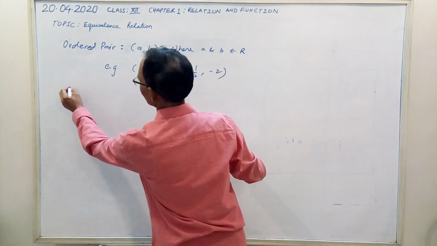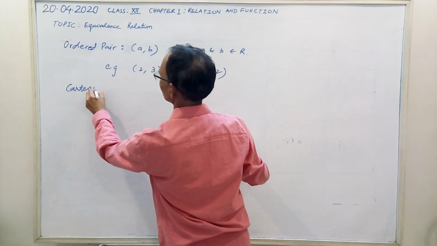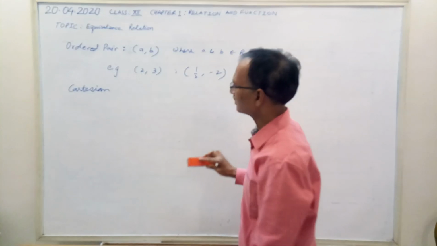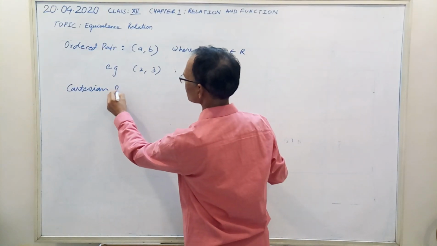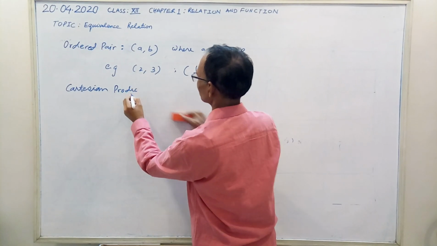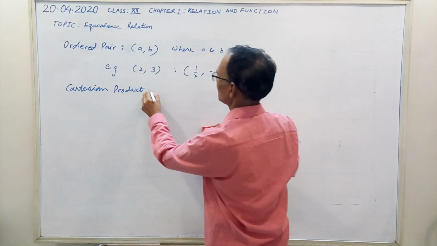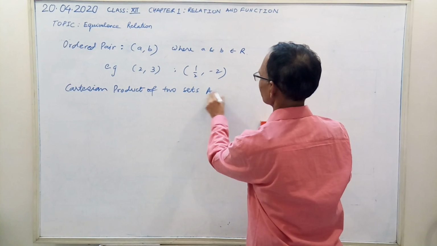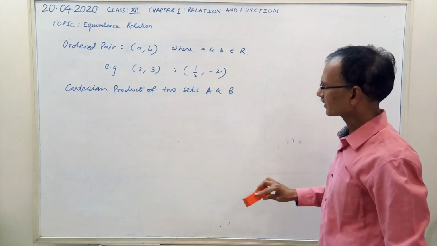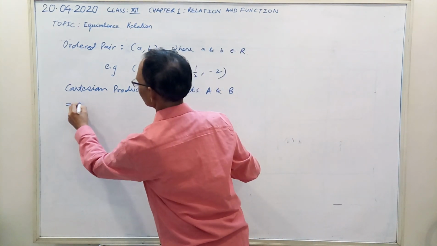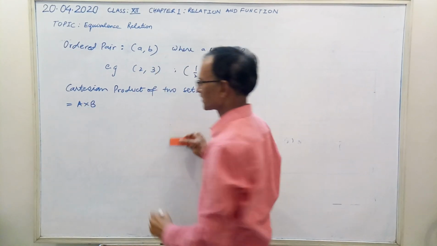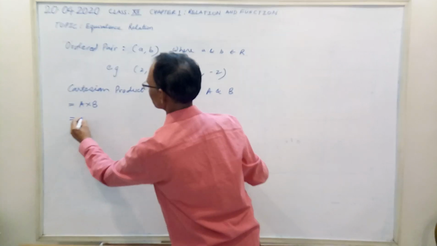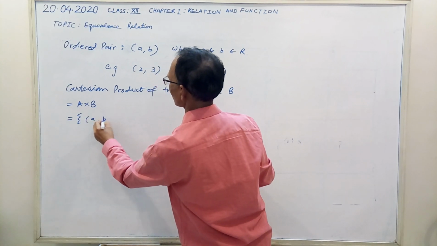Now, before we review about the relation, we should know what is Cartesian product of two sets A and B. Cartesian product of two sets, which is expressed as A cross B, is nothing but collection of all ordered pairs.